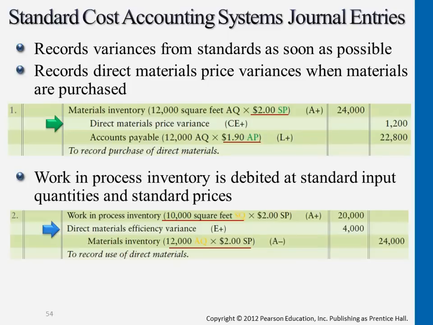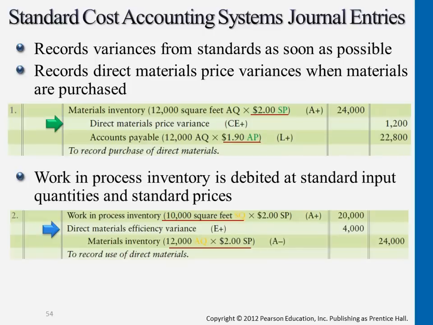So remember that earlier in the first 3 chapters, we purchased the materials, and then when we start using it, it turns into work in process. Labor also turns into work in process. Manufacturing overhead turns into work in process. So work in process will be debited whenever we start the production cycle.